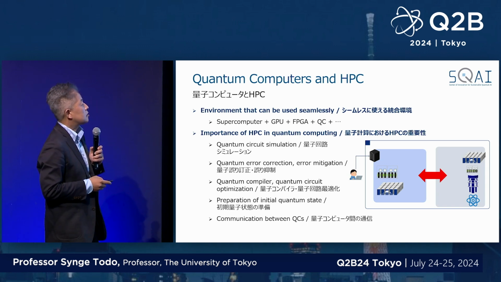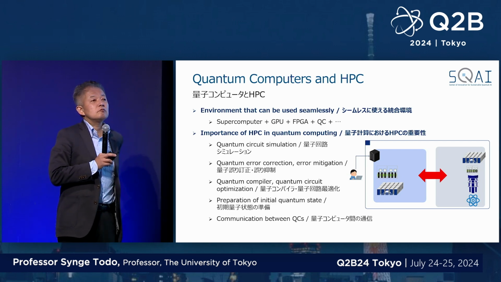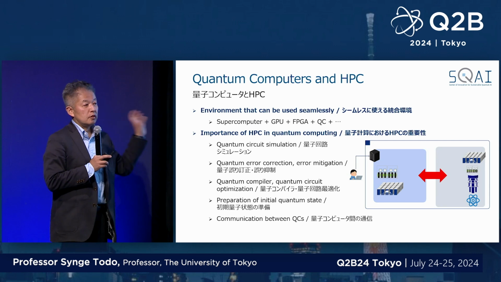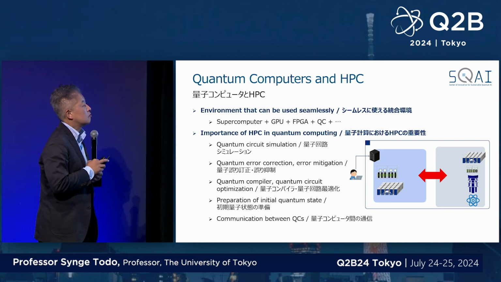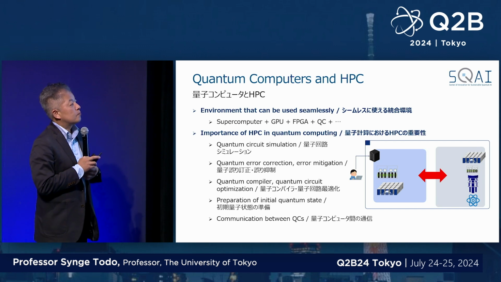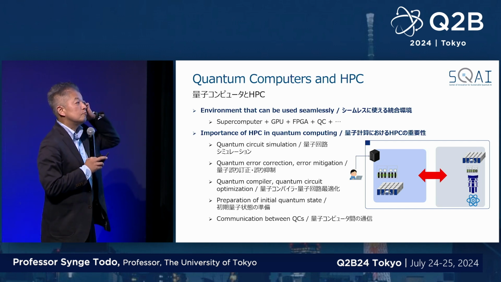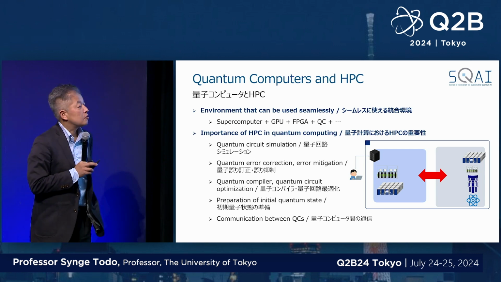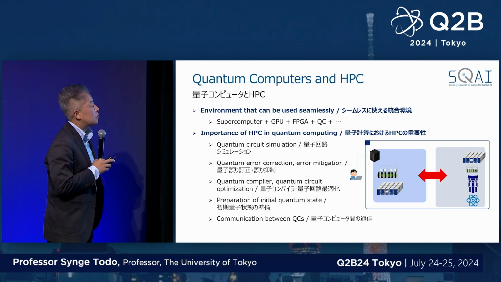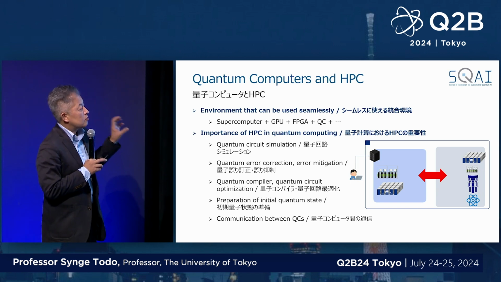As I explained yesterday, this is related to I/O as well. When using a quantum computer to do calculation, the bottleneck is the data that is extracted from the external environment. So you have to prepare the initial quantum state. This is also where HPC can be used for that preparation, followed by the use of quantum computers.